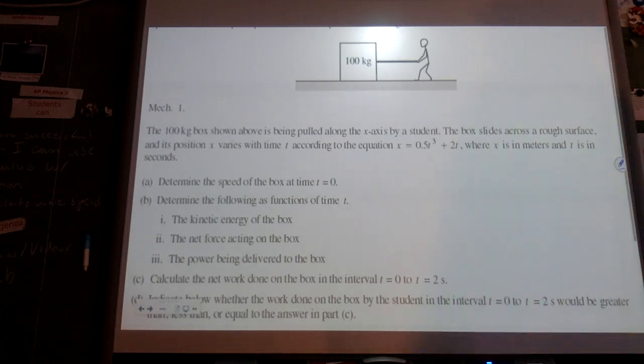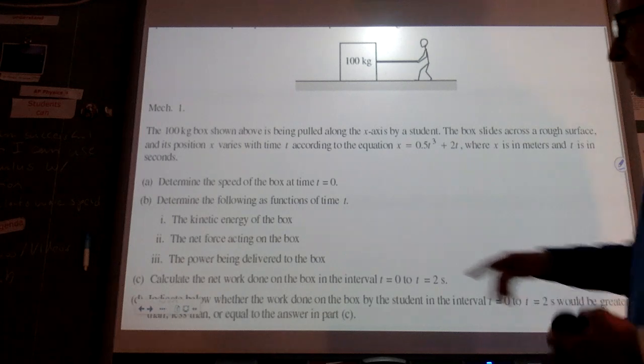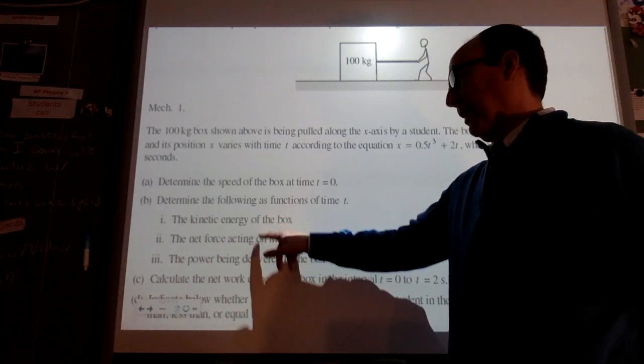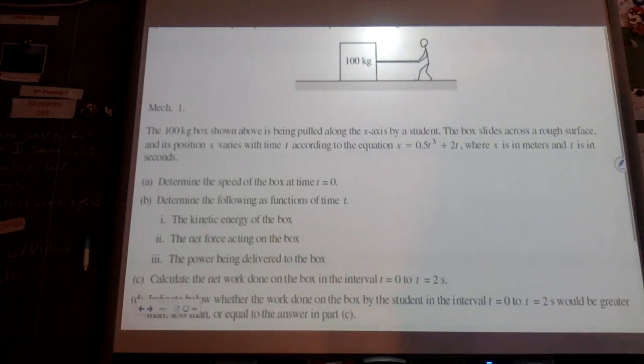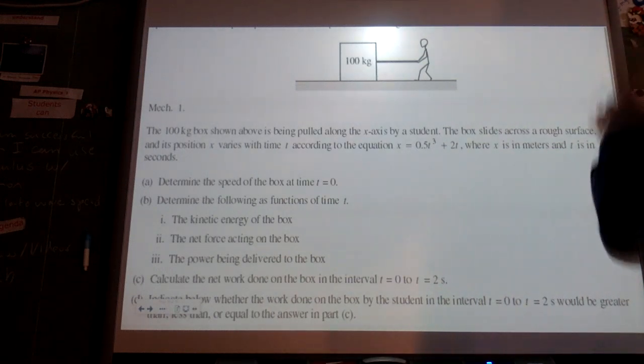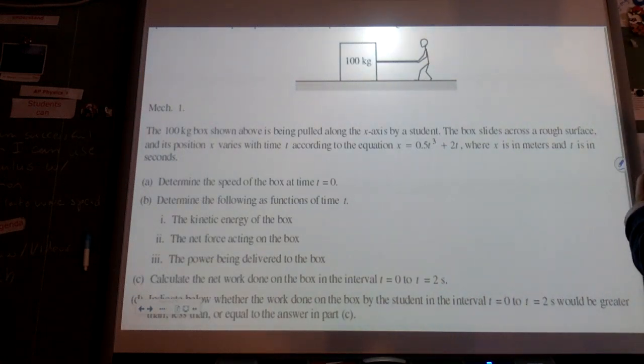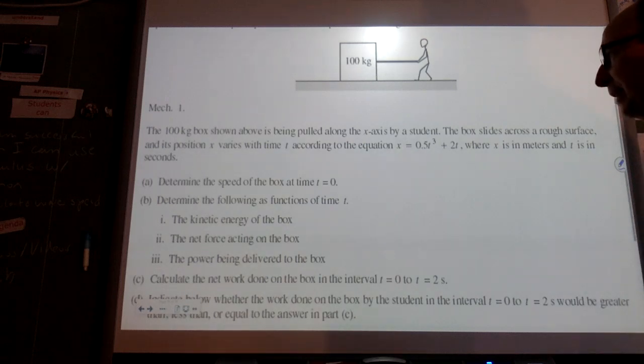All right, we did this problem previously, I think. But it's good to relive this, and we can see how this is related with the energy and with the power and with the net work. All right, so we have an equation that is x equals 0.5 t cubed plus 2t, where x is in meters and t is in seconds.